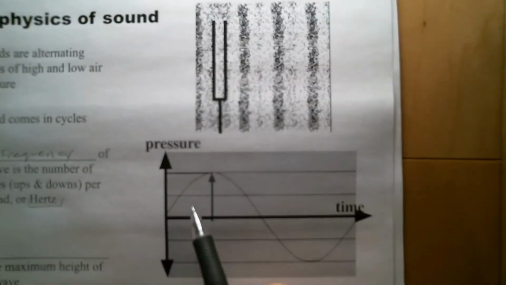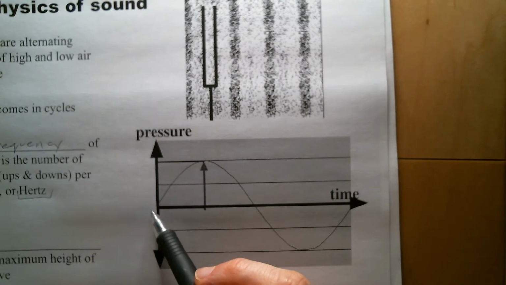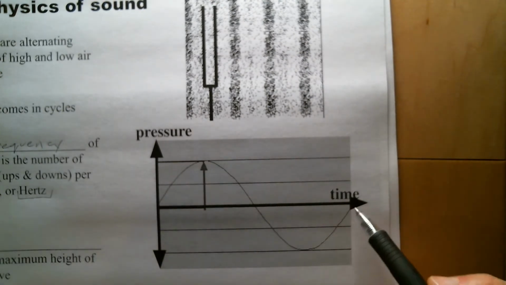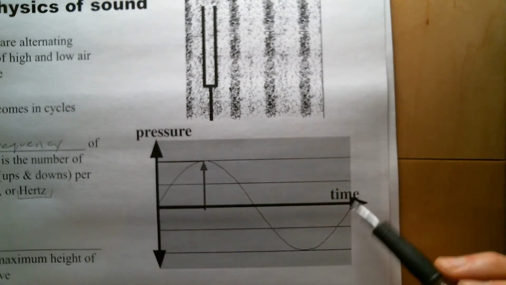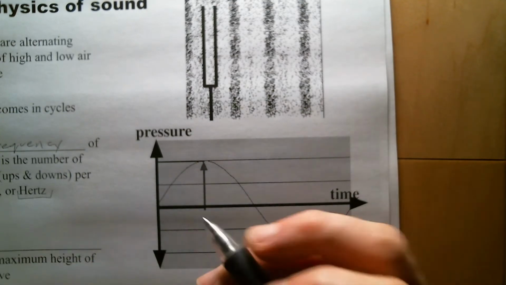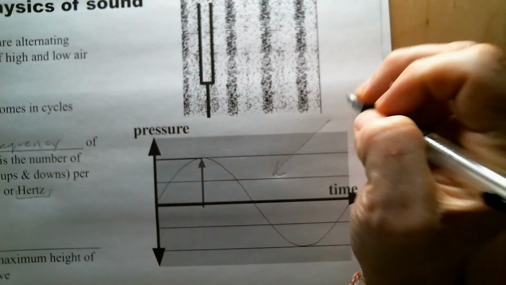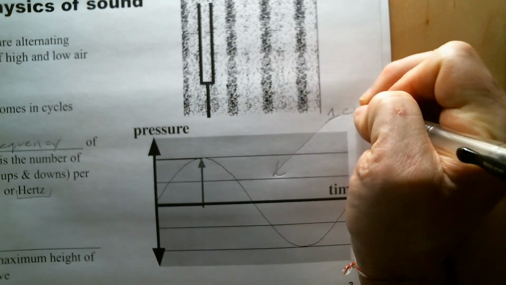So for example, in this picture here, this would represent one cycle because we're going up, down, and then back to our starting point. So this right here would be one cycle.